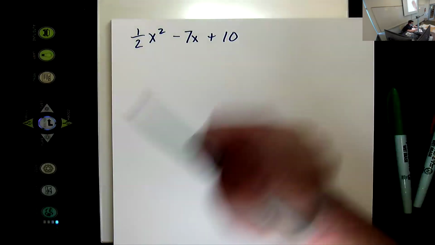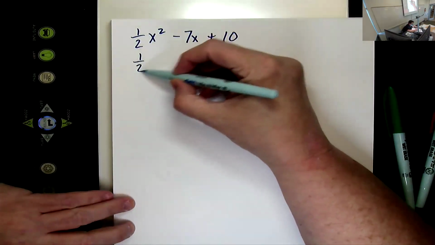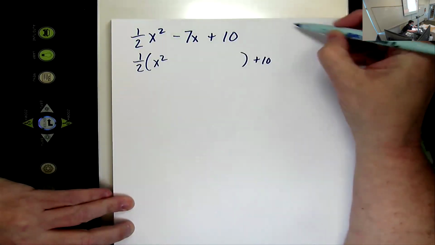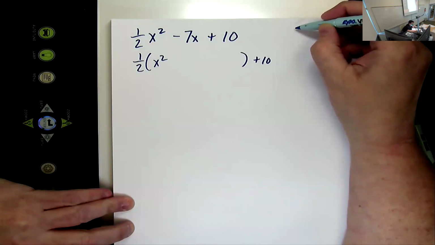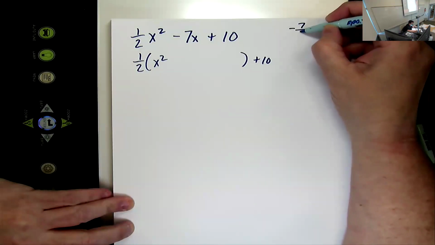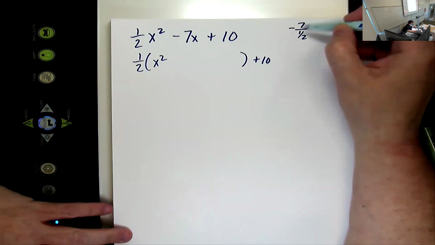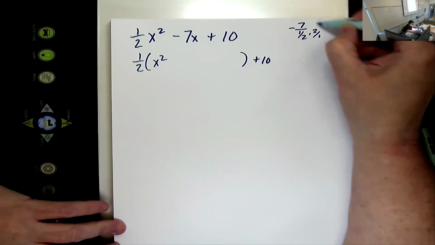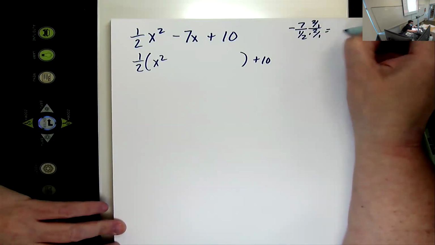Okay, so if I factor out the 1/2, what do I have there? Just like I did before, I divided by what I factored out. I got a complex fraction here, so I can multiply top and bottom by 2/1 and the bottom cancels.